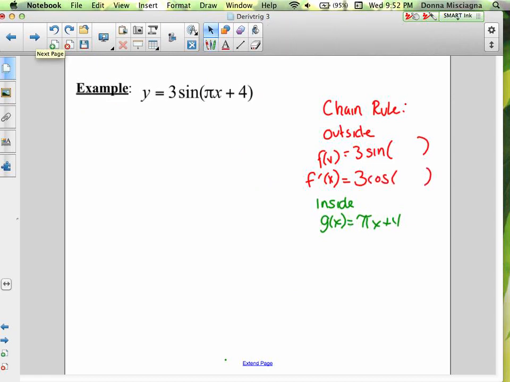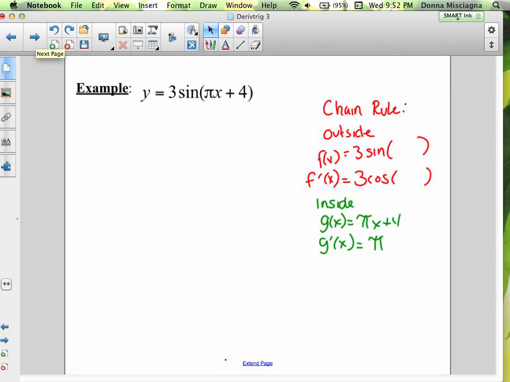The inside part, g of x, was pi x plus 4, and the derivative of that is just pi. Pi is the coefficient, and the exponent of x will reduce by 1. That will be down to the 0 power, so x won't be there. And the derivative of the 4 is just 0.